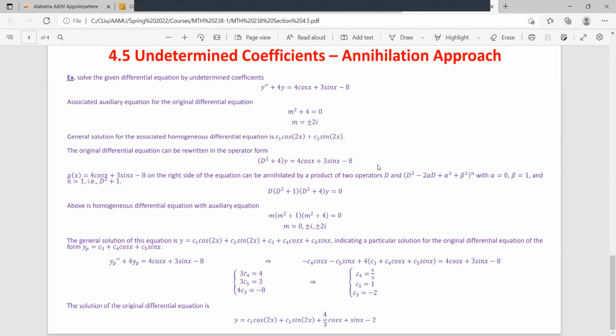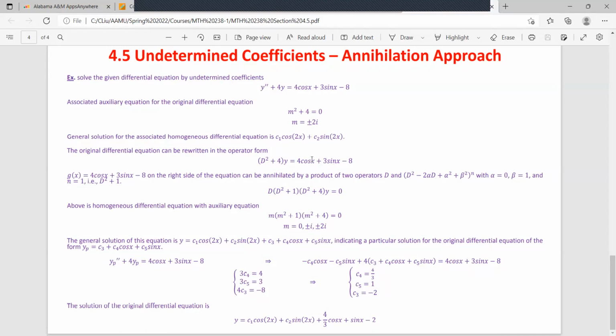But then you have to annihilate 4 cosine x plus 3 sine x, and that has to be done by this operator, D squared minus 2 alpha D plus alpha squared plus beta squared, to the n, where alpha equals 0 because you don't have an exponential function here, and beta is 1 because you get cosine x and sine x.